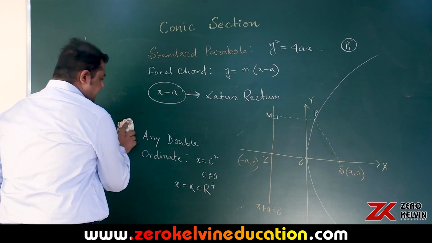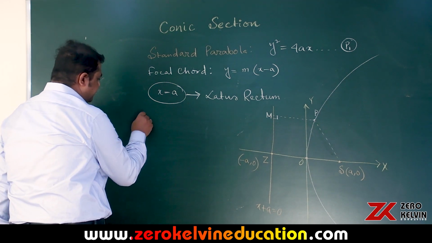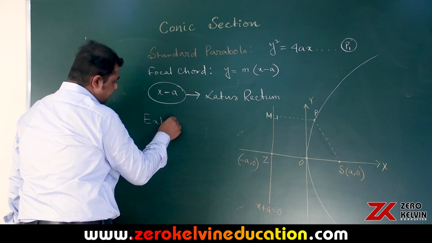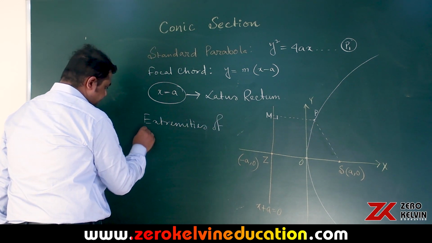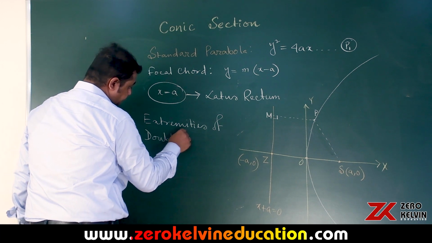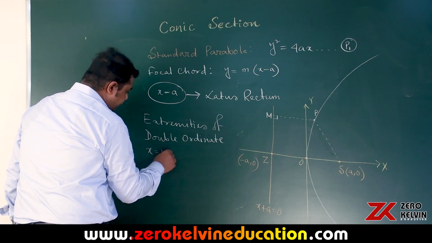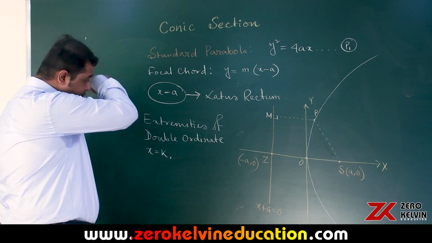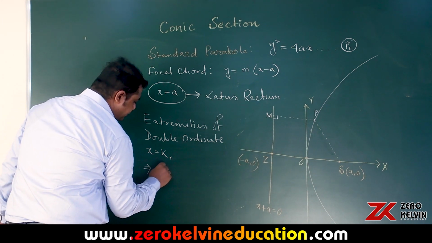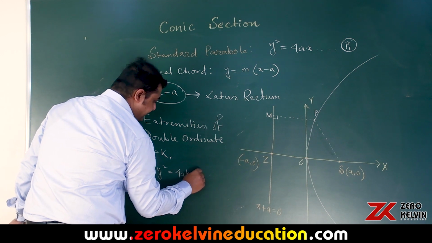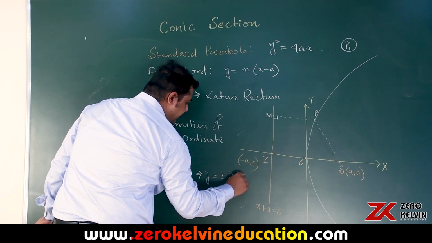If we try to consider the extremities of a double ordinate x equals to k, we can have it by its intersection with y square equals to 4ax. So, that will give us y square equals to 4ak, and hence y itself is plus or minus 2 root over ak.